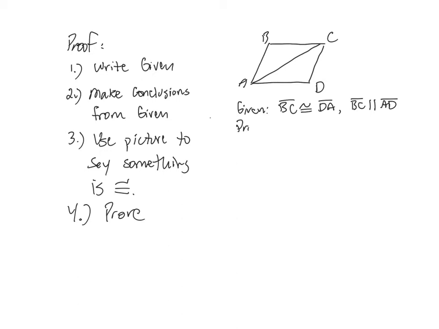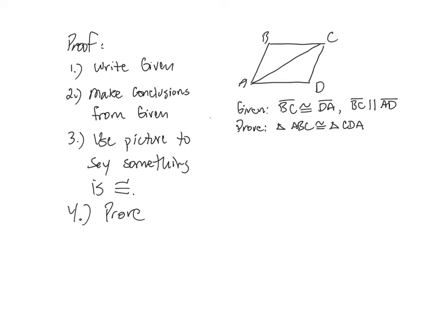Prove: triangle ABC is congruent to triangle CDA. So the top triangle and the bottom triangle.